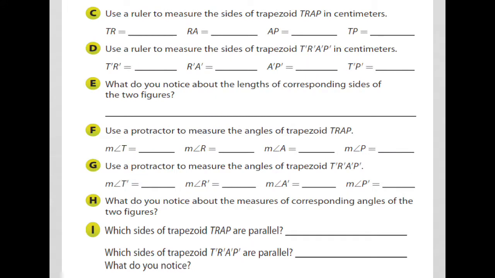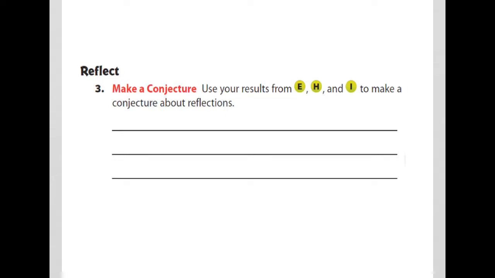And then pause it here and write your instructions down for C through I, so you can be able to answer those questions, okay? And also here for E, H, and I, where you want to make an educated guess about the reflection. Okay, once you do that, come on back to the video and see what we have.